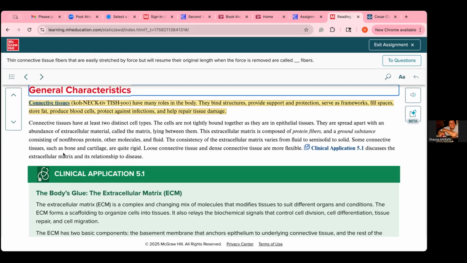They're spread apart with an abundance of extracellular material called the matrix lying between them.